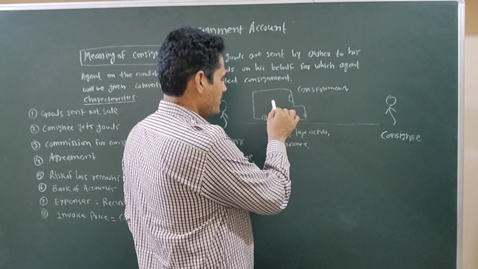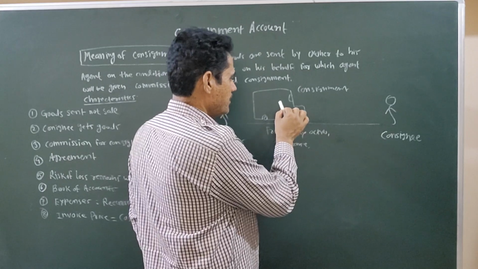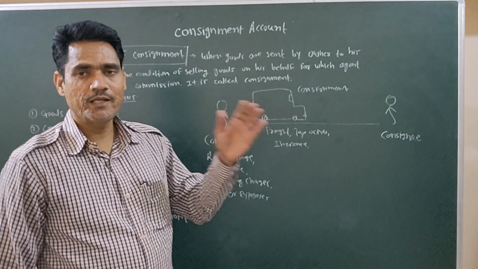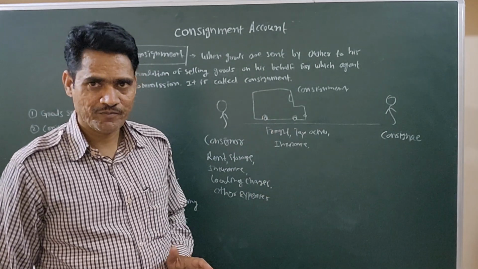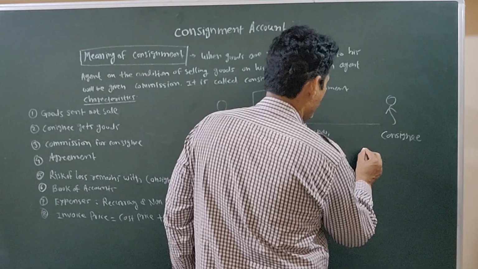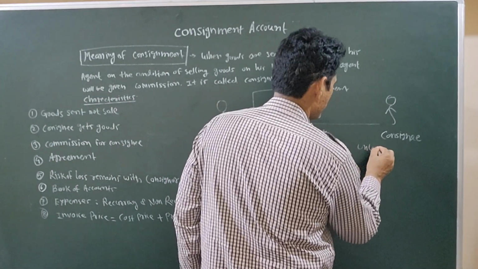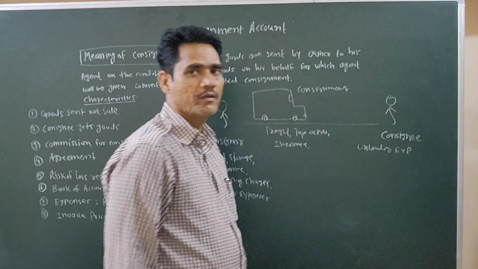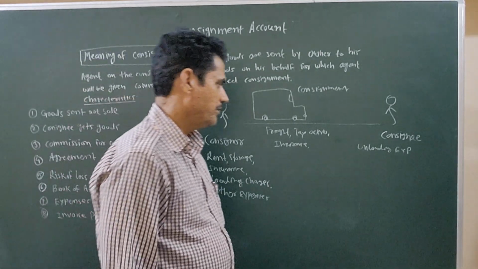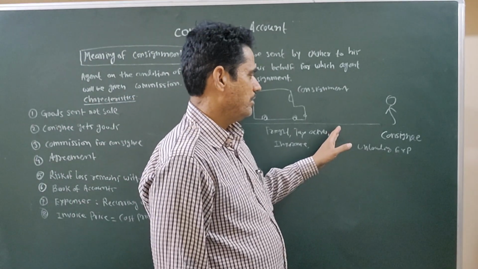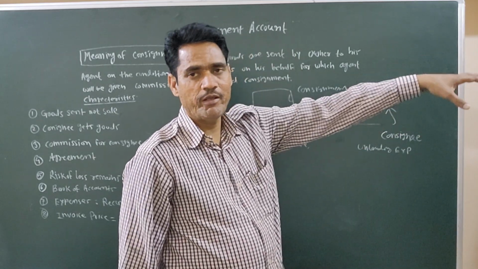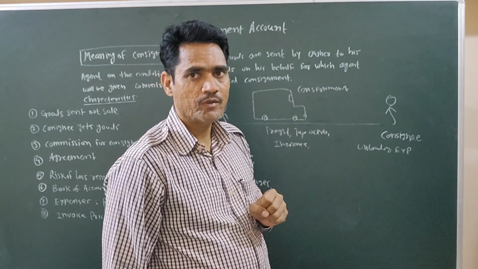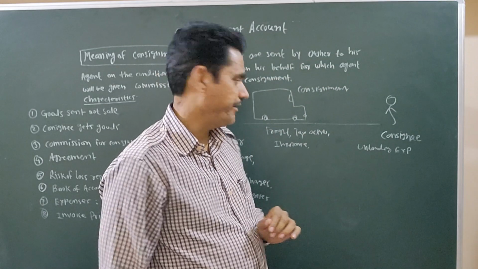When this loading truck reaches the consignee, the consignee has to pay some expenses. Which expenses? Unloading expenses. If there is a godown on a railway platform or any storehouse, we have to pay rent.